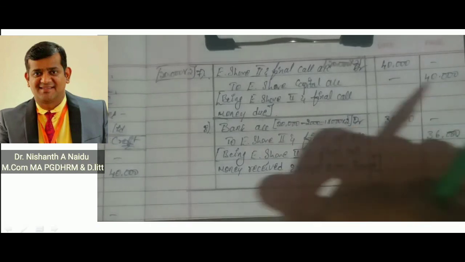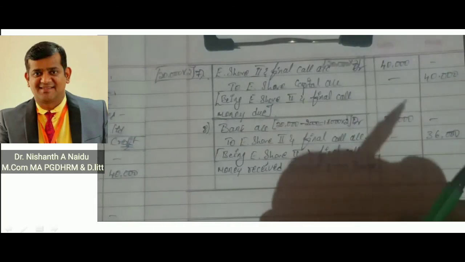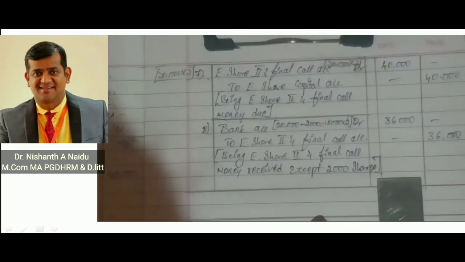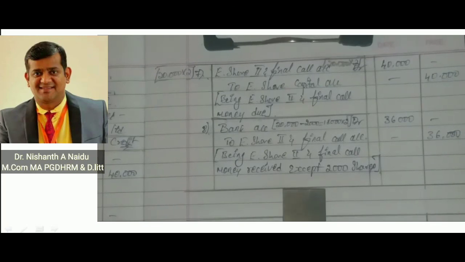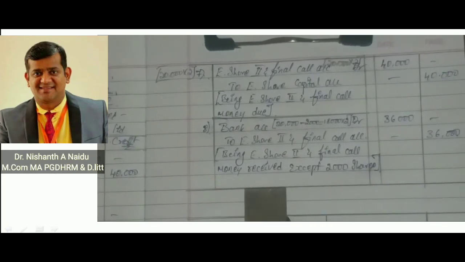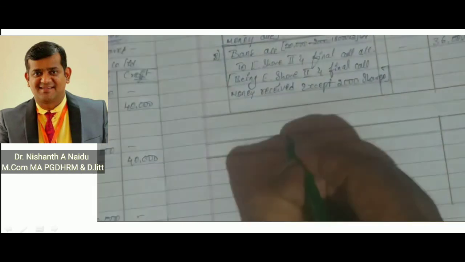So open bank account first. Hardly 4 lines is sufficient, so I'm opening with only 4 lines. I'm ready with the table.